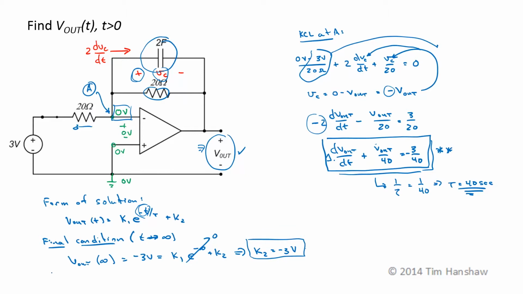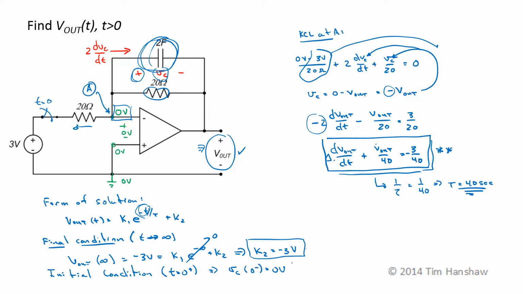Now finally, let's take a look at the initial condition. So t equals 0 plus. Just before this switch closes at t equals 0 minus, there's no voltage applied to the capacitor. If we assume that that switch has been open for a long time, this capacitor can have no energy stored in it. So V sub c at t equals 0 minus is equal to 0 volts.